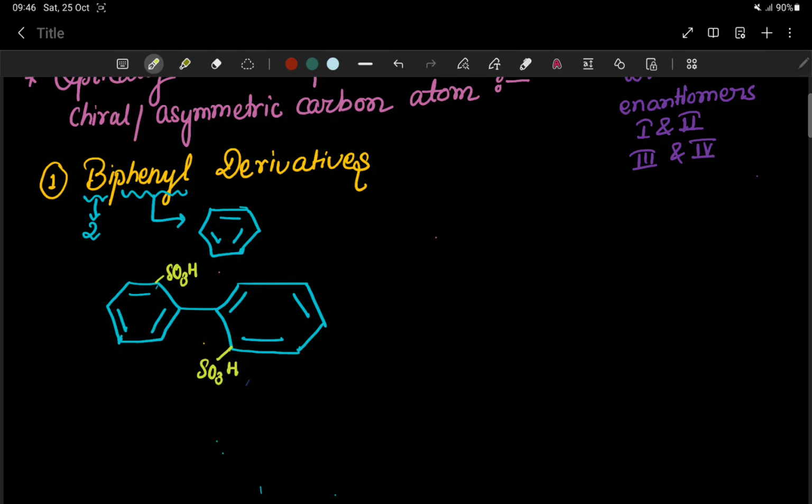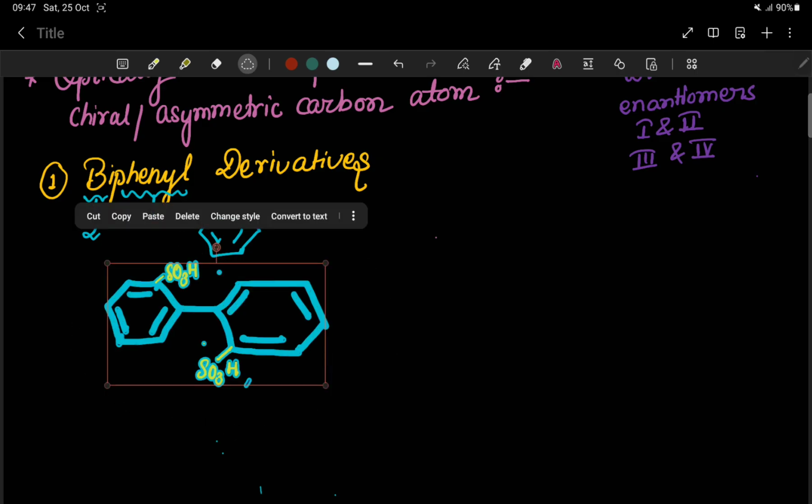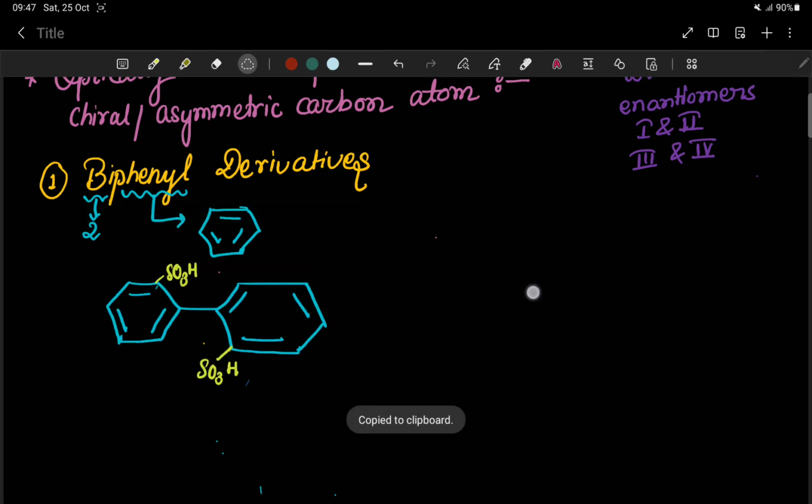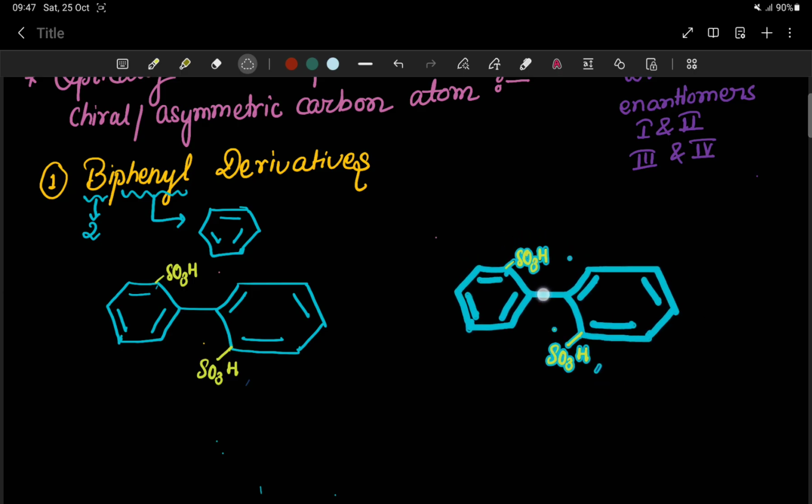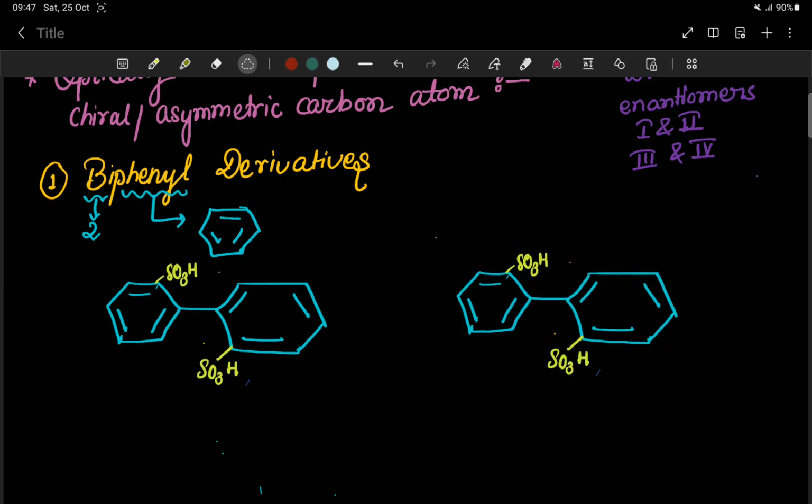Then what will I do? I will just copy and paste this and change the positions, nothing more. Copy, paste it over here, and change the positions. See, they are mirror images of each other.